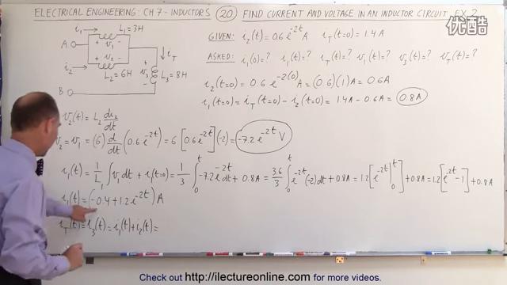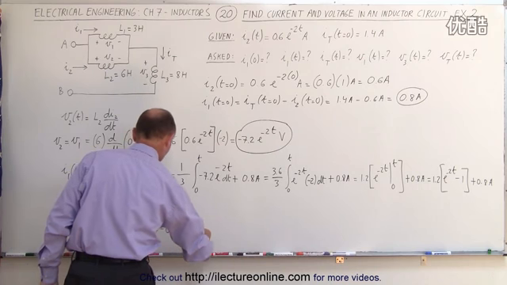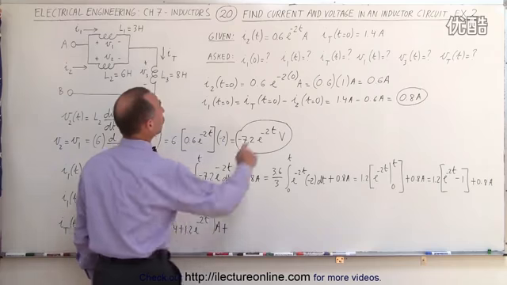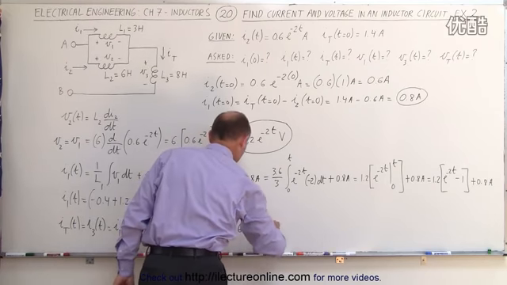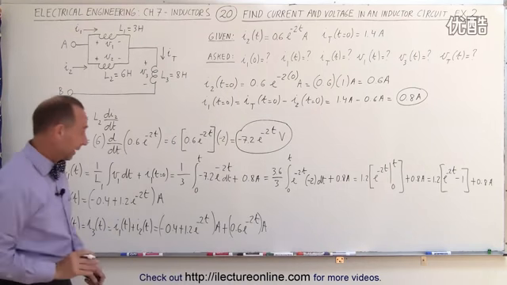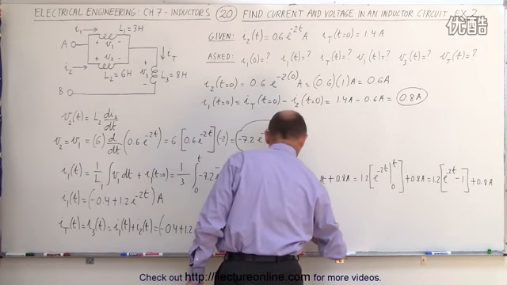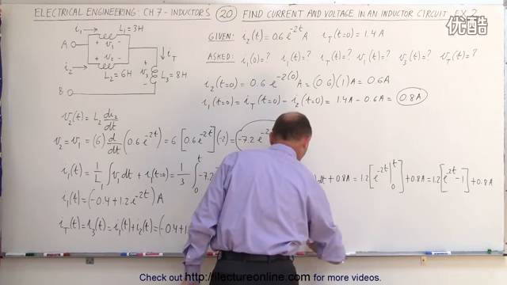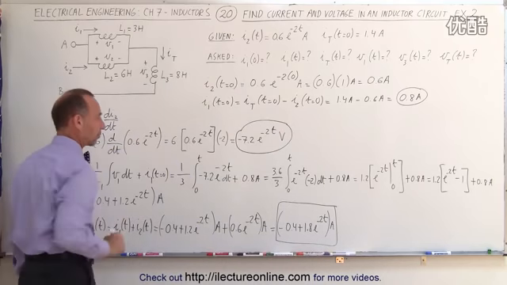So adding this, which is minus 0.4 plus 1.2 e to the minus 2t amps, adding that to I2, which is 0.6 e to the minus 2t amps. And combining that, I get the following. This is equal to minus 0.4 plus 1.8 e to the minus 2t, and that's in amps. So that would be the total current in the circuit, which is also the current through inductor 3.